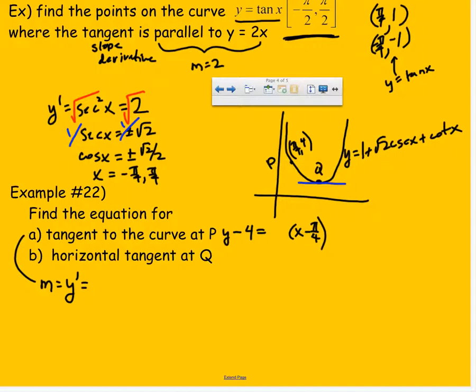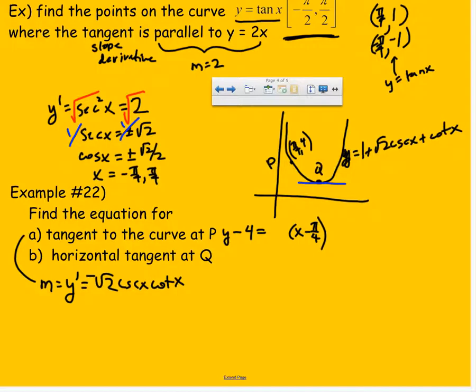Let's see. I'm going back here to my y equals, and the derivative of 1 plus would be 0. The derivative of the square root of 2 cosecant. Oh gosh, get your notes. What's the derivative of cosecant? The derivative of cosecant is negative cosecant cotangent. Is it okay if I put that negative out front?